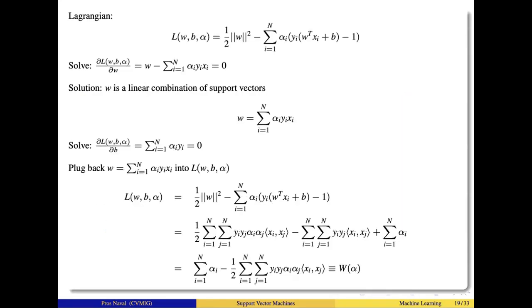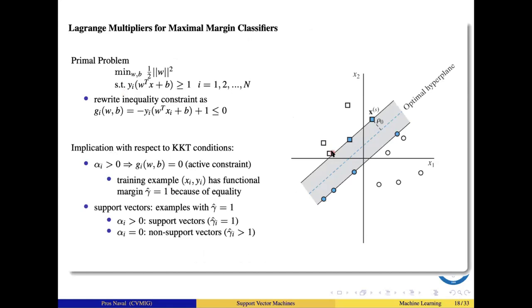So let's solve for those alphas. In other words, how do we compute for these vectors? There has to be a mathematical way by which we can compute which of these vectors in our training data will become support vectors.